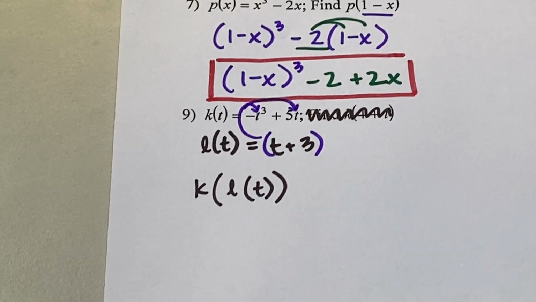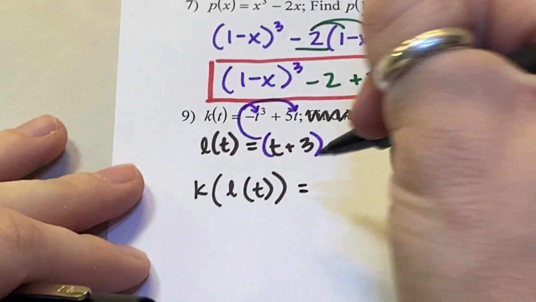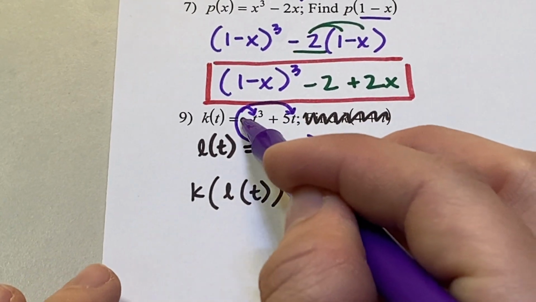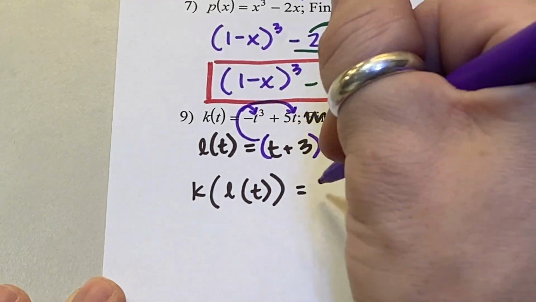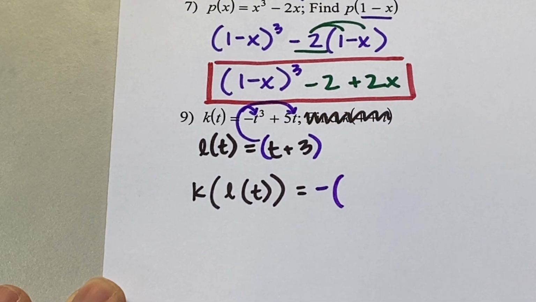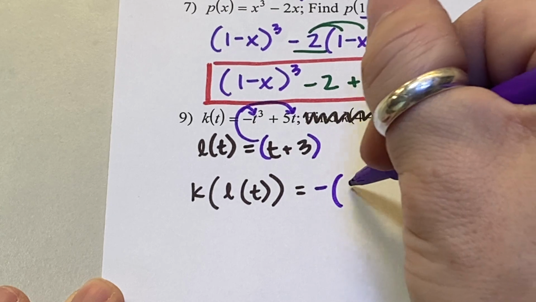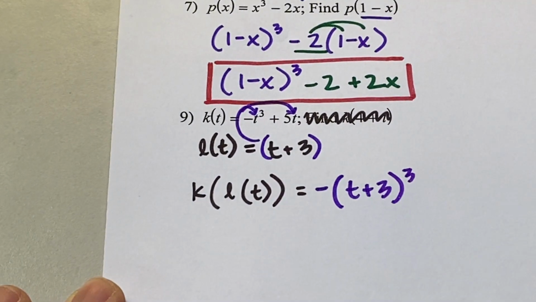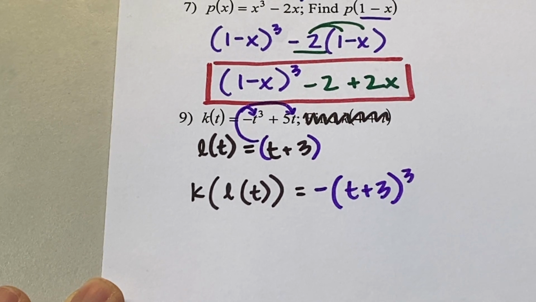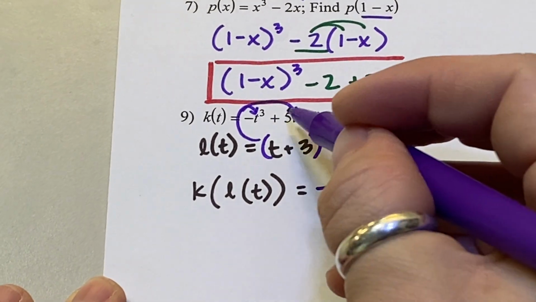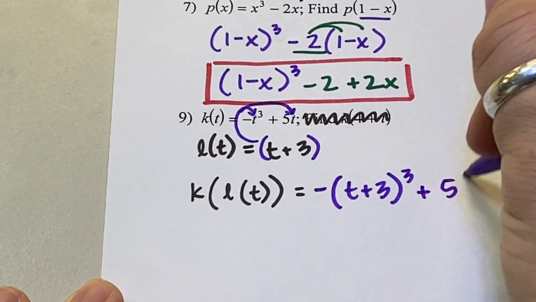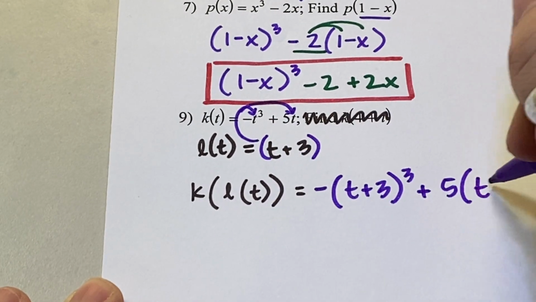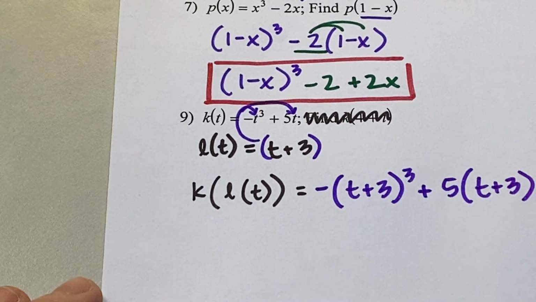In k of t, it was negative t cubed, but instead of t, it's now this whole piece, t plus 3 cubed, plus 5 times t, but instead of that t, I'm plugging in t plus 3.